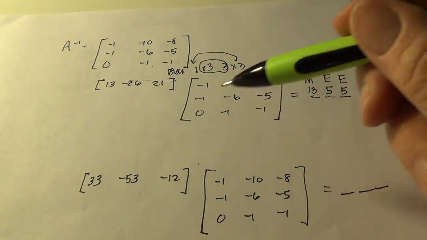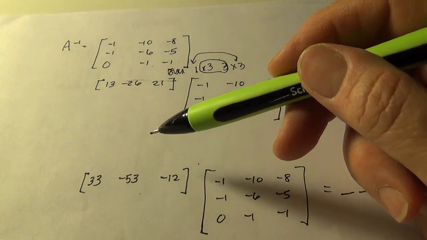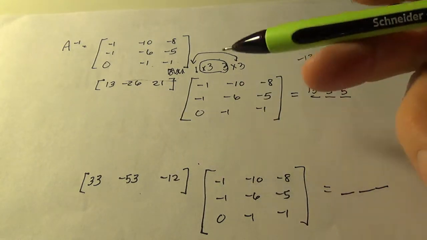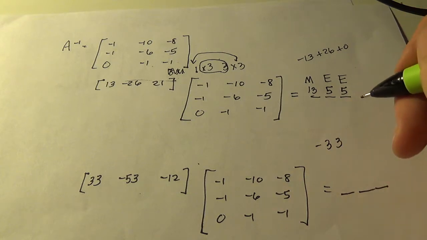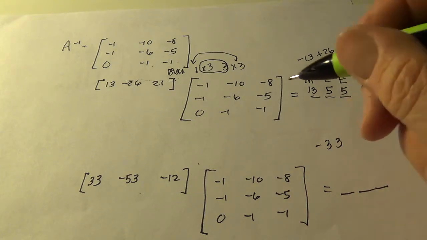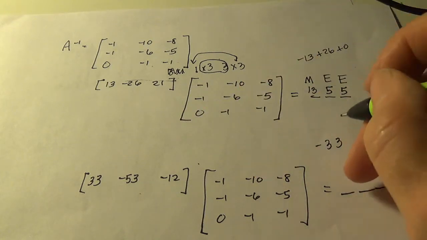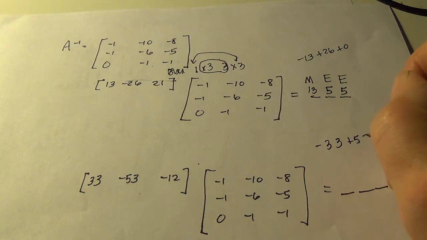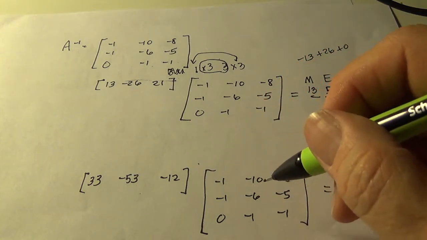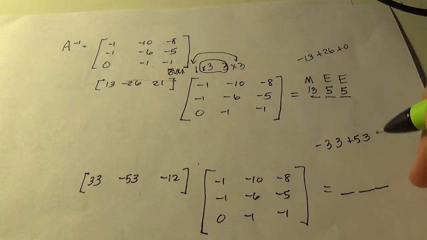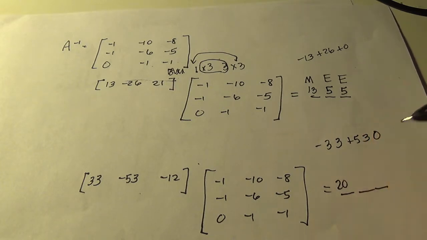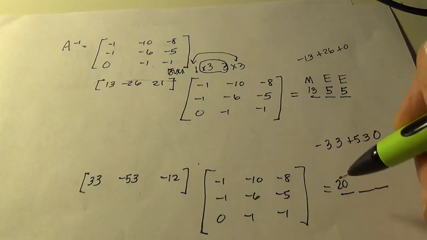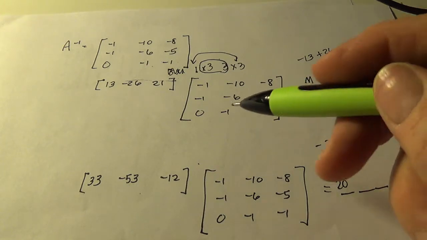It's going to be 33 times -1, and then -53 times -1, and -12 times 0. So that all gives me a 20 in this spot. And we'll come back and figure out what letter in our alphabet that is.